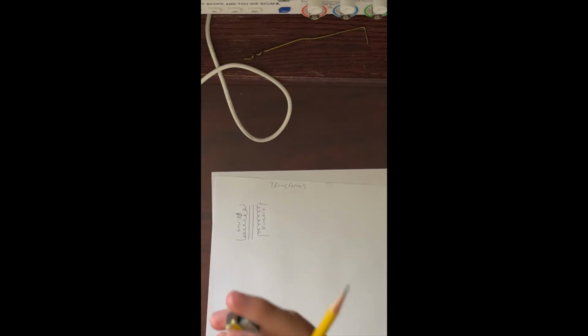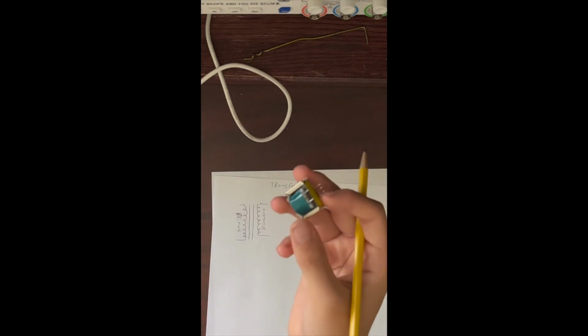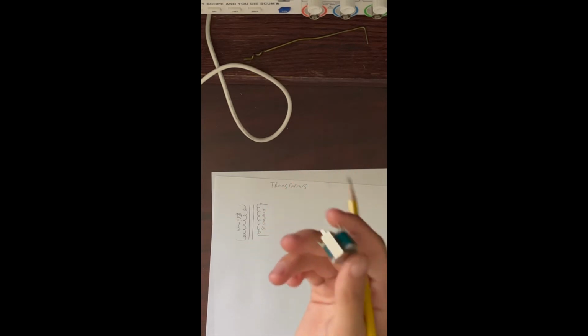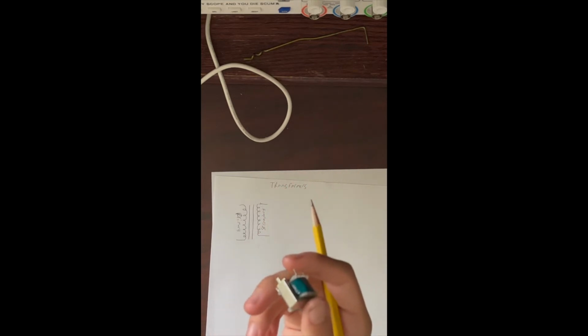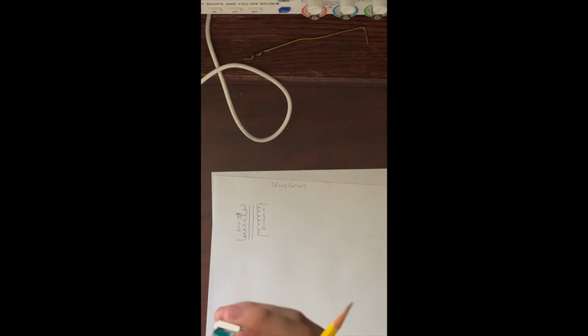But with things like this one, our primary is going to be very, very thin wire, to make sure that we have enough impedance for the AC not to be shorted, and also because it's an inductor, which is just a coil of wire, it also has inductance.